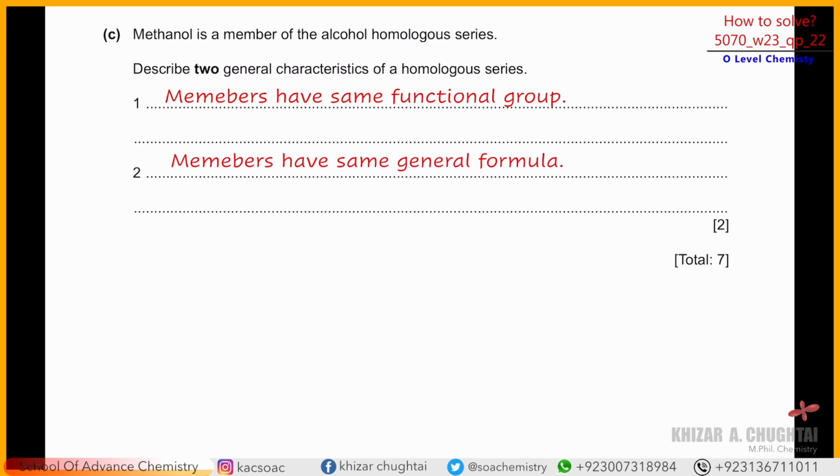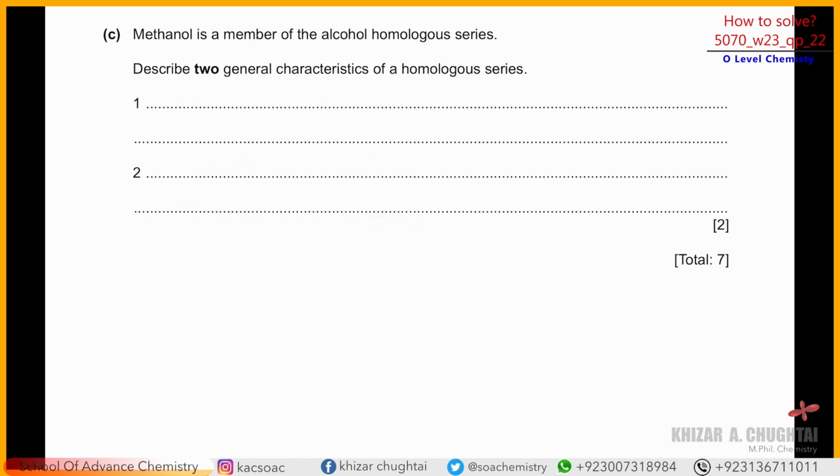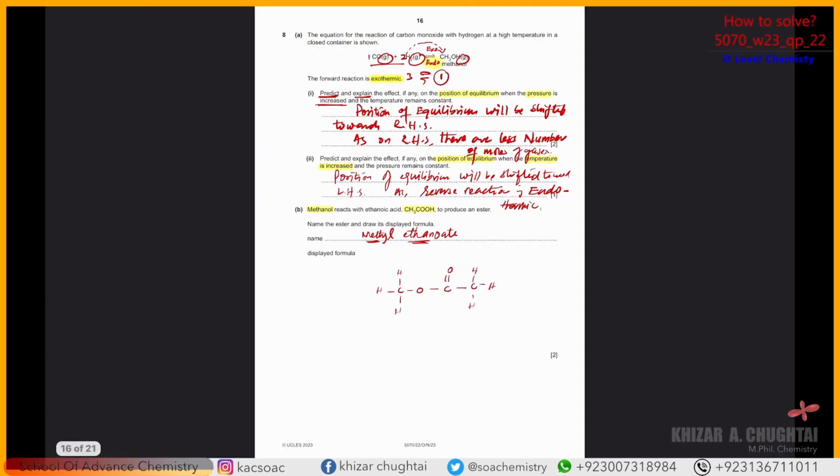Each adjacent member differs by a CH2 group from the other member, and so on. So this is all about question number 8.